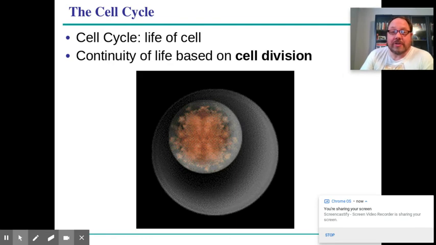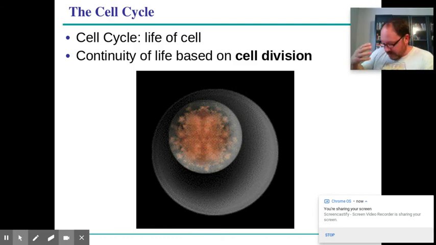So, in this lecture series, we're going to begin to look at the life cycle of cells, because since all life is made of cells, the fact that life continues is based on the capacity for cells to divide or make new copies of cells. It's been this spectacular process that's gone on for at least 3.5 billion years where cells create new cells.